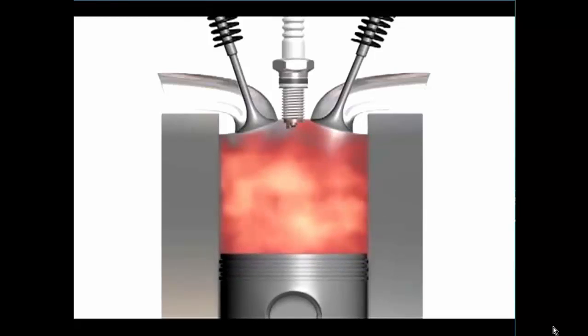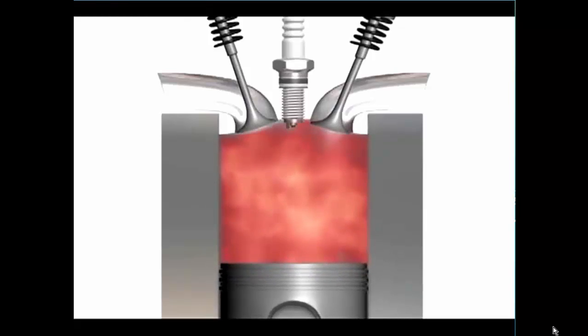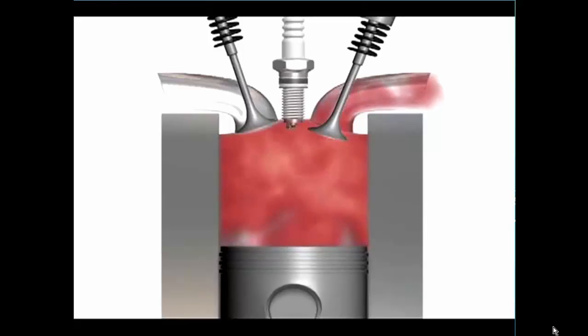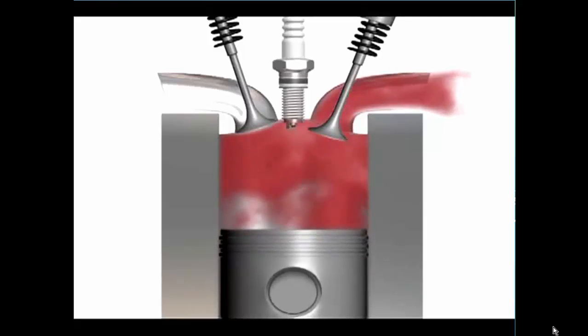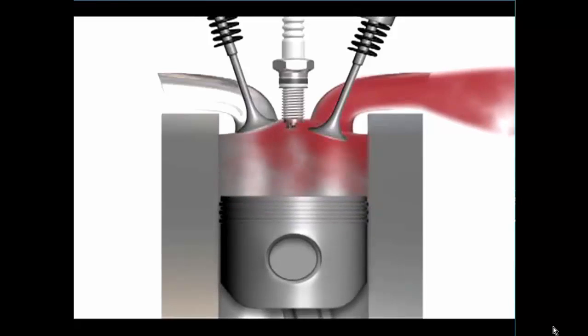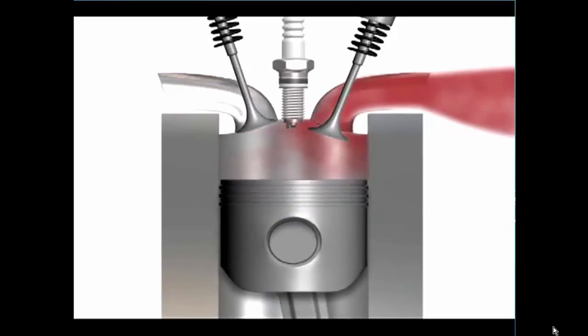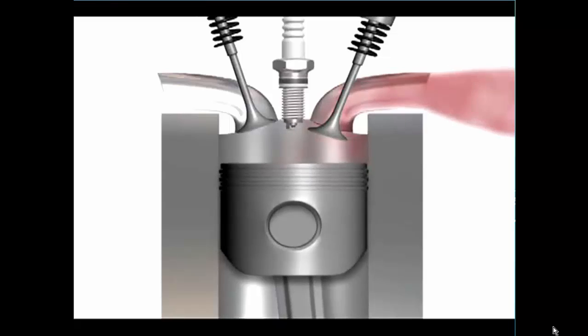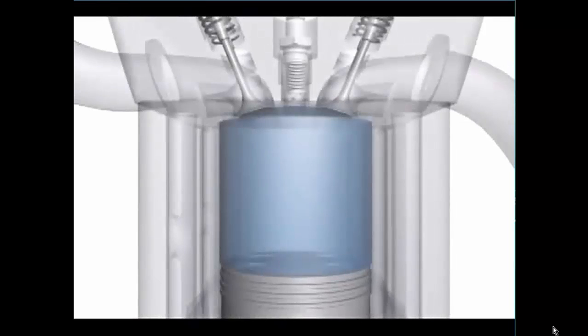The fourth stroke is the exhaust stroke. As the piston begins its second upward stroke, the exhaust valve opens and the burned air-fuel mixture is forced out of the combustion chamber through the exhaust valves. Two terms you may be asked to explain to customers are the engine's compression ratio and displacement.